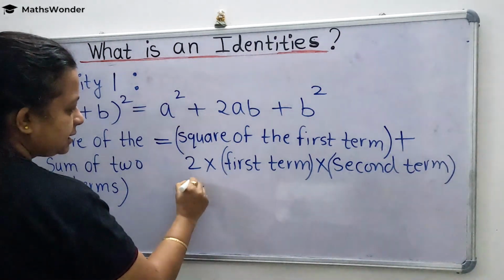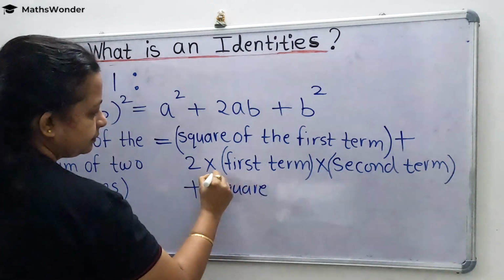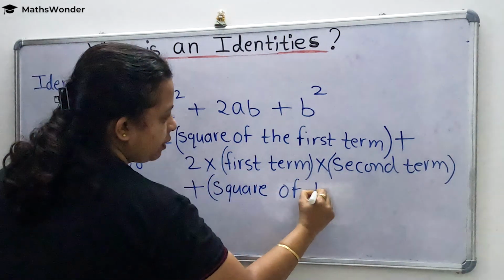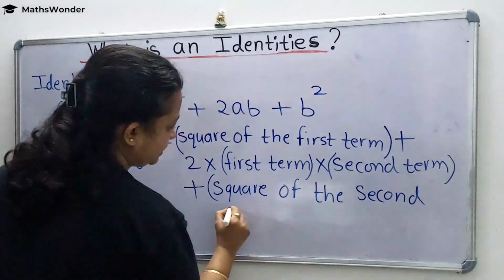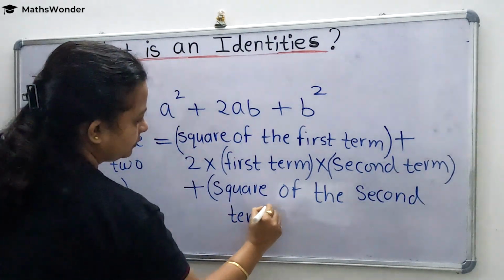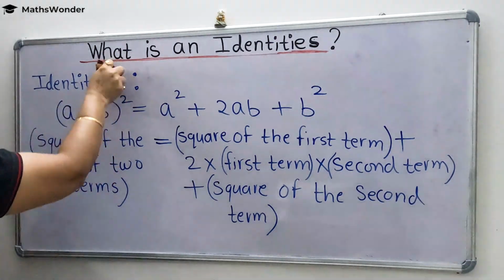And the third part is square of the second term. This is the explanation of identity 1, so that whenever you solve questions you will never get confused. Okay, understood?